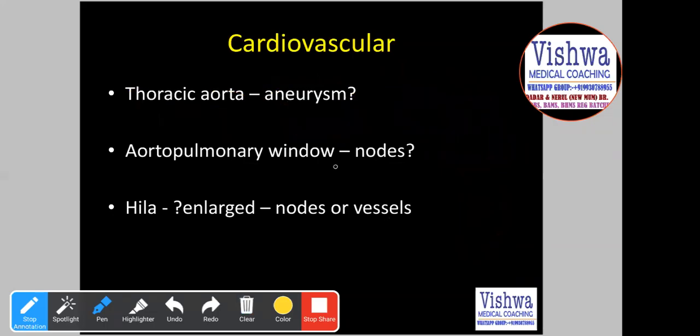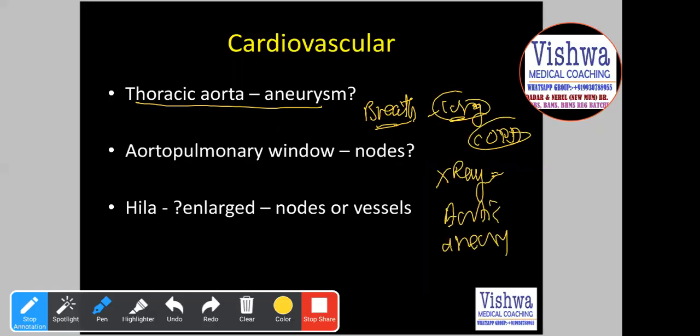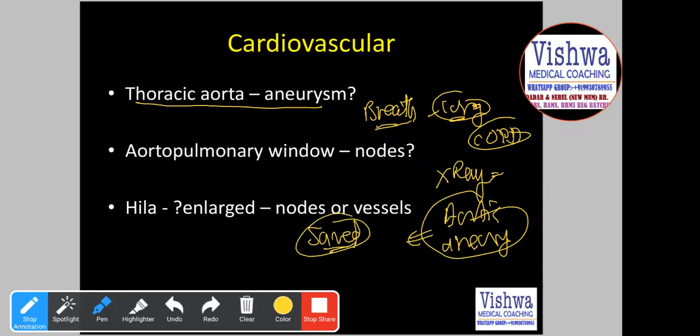So let's say you had a patient who came for breathlessness, maybe some lung pathology, maybe a COPD, for example. And in the X-ray, you diagnose an aortic aneurysm. Remember, you have saved one life, because when an aneurysm ruptures, nobody can save the patient.